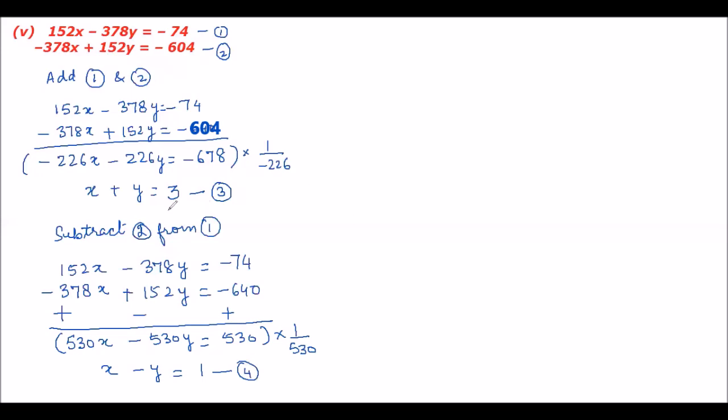Let's write down the two simple equations that we got after adding and subtracting. So this is x plus y is equal to 3 and x minus y is equal to 1. And to eliminate, we have to add: 2x is equal to 4. x is equal to 2.